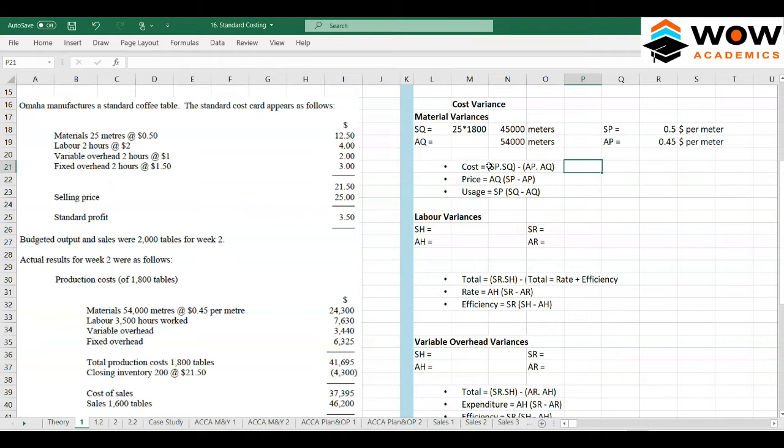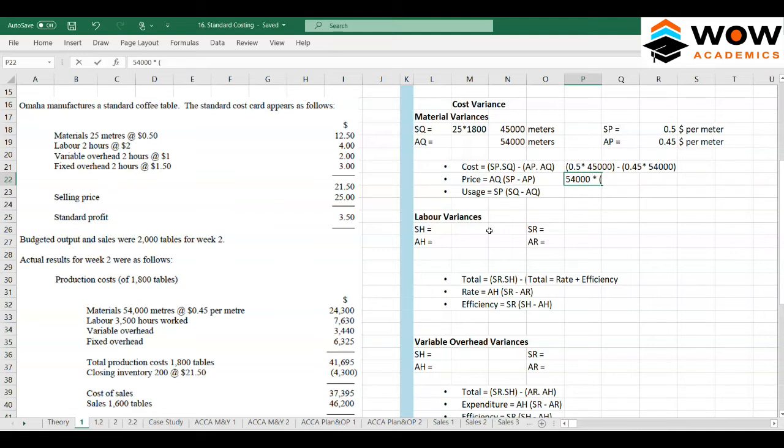First we'll do cost variance. So SP into SQ: SP is 0.5 into SQ, which is 45,000 meters, and AP into AQ: AP is 0.45 into 54,000 meters. We'll still work out the other ones, and then we'll move on. Again, what is AQ? 54,000 meters into SP minus AP.